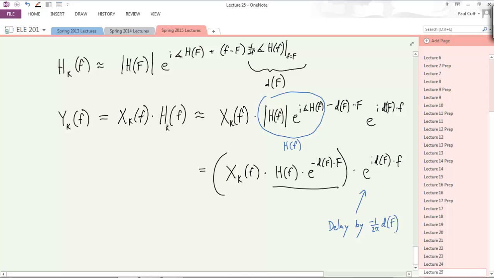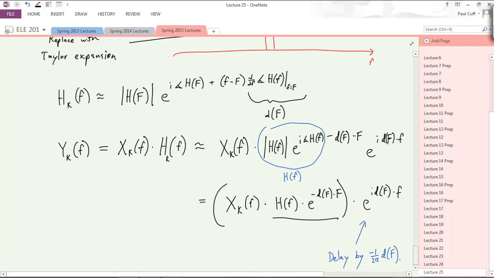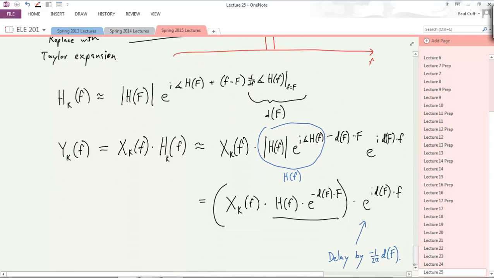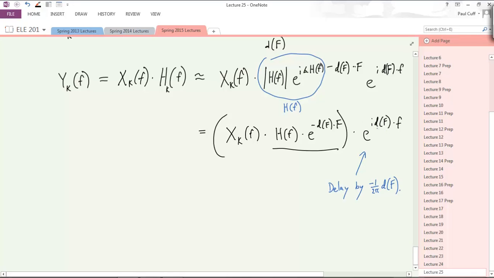Okay, so why is it a delay? Well, we have a delay rule. We know if you delay a signal, you multiply by a complex exponential in frequency. So this should give an explanation of why the derivative of the phase becomes a delay. I just wanted to connect that with a delay in the signal. If you only looked at a narrowband signal, then the Taylor series approximation is good. And the Taylor series approximation says you have a linear phase shift. Linear phase shifts are delays.